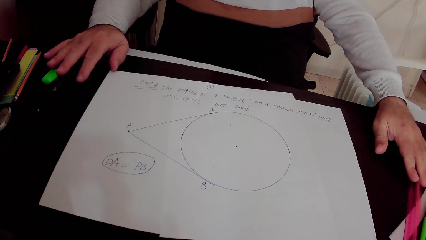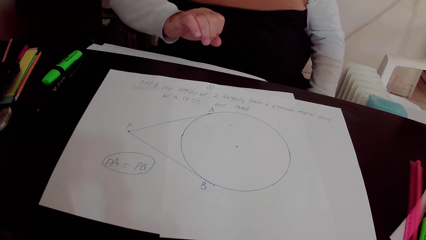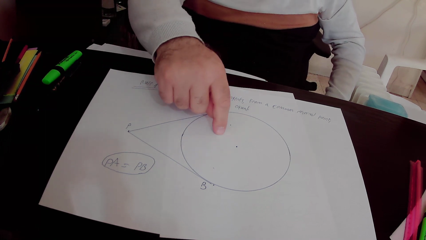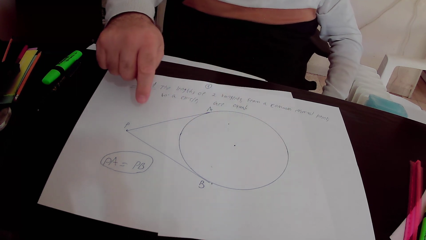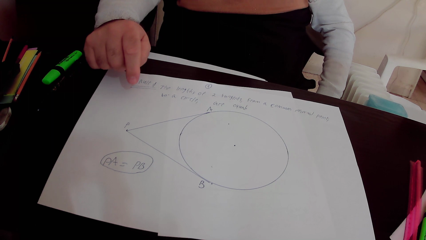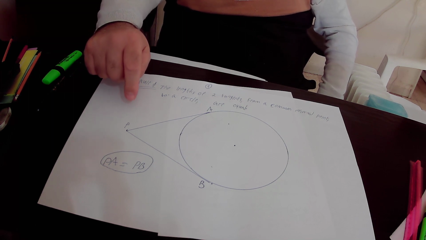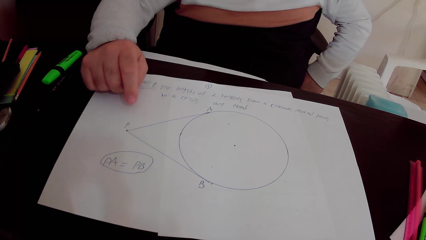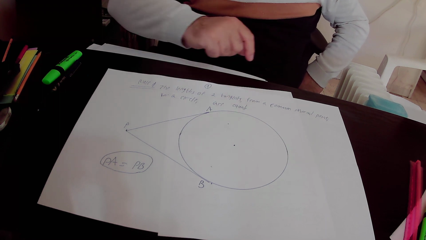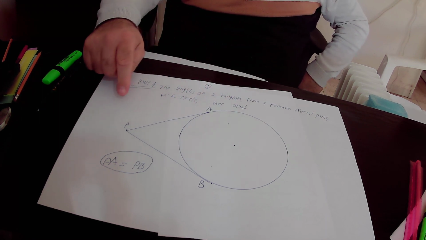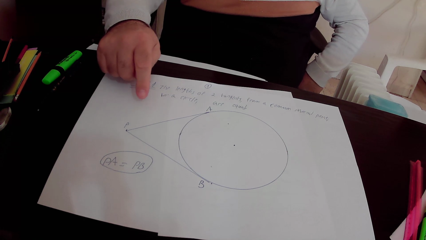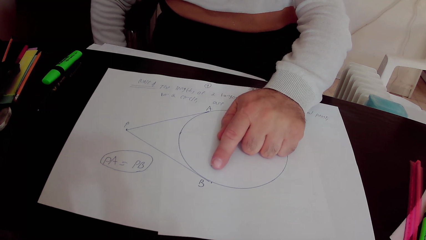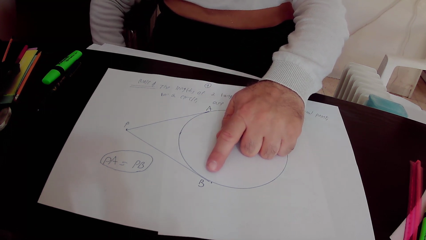The meaning is that if we have this circle and an external point, point P, which is not located inside this circle, not on this circle, but outside the circle, then point P is defined as an external point in relation to this circle. So if from the external point P we draw two tangents to this circle, the first tangent is PA, with its point of tangency at point A. The second tangent is PB, with its point of tangency at point B.